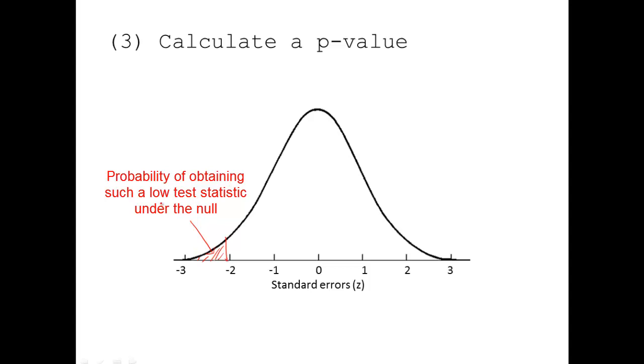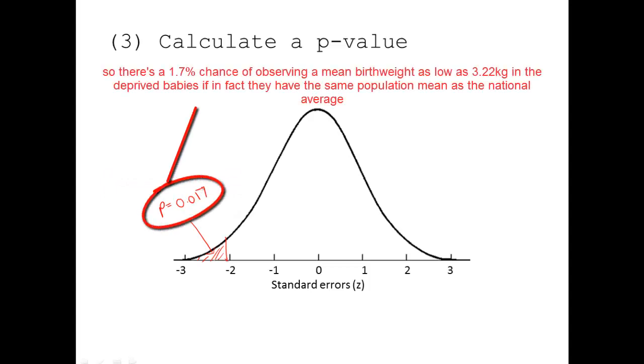We usually use statistical tables or a computer program to calculate that probability, and we get a value of 0.017. There's about a 1.7% chance of observing a mean birth weight as low as what we saw if in fact the mean birth weight in deprived areas of Bristol is the same as the national average.